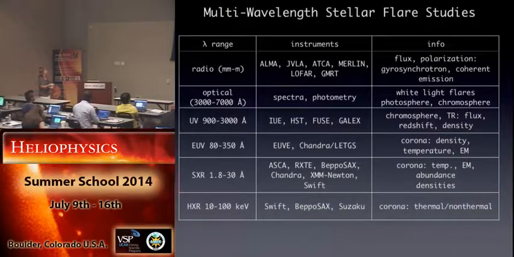I won't read all of these off. You can look at them, but we have access to a pretty large span of the electromagnetic spectrum by using these different instruments: space-based instruments, ground-based instruments, radio telescopes, optical telescopes, UV telescopes, X-ray telescopes.